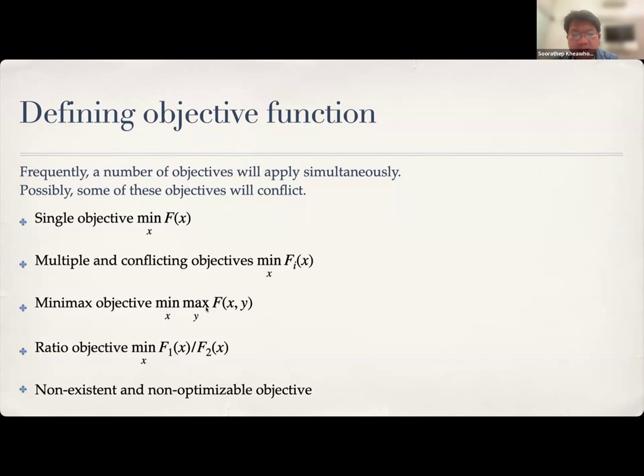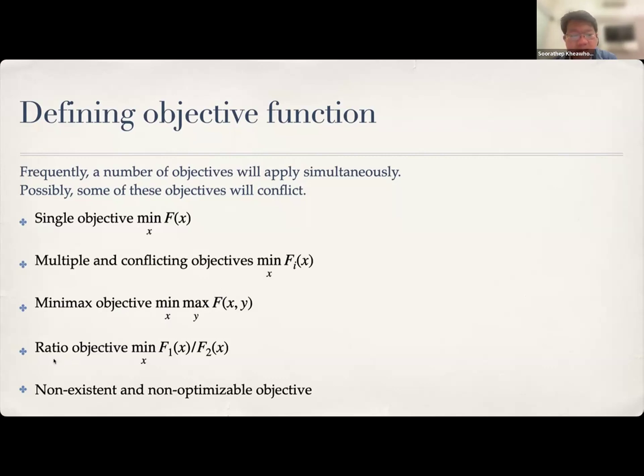This one is different from multiple and conflicting objective function. When we say multiple objective function, we mean multiple and conflicting objective function. But minimax is a special class of optimization problem. Later I will explain what minimax is in the real world.